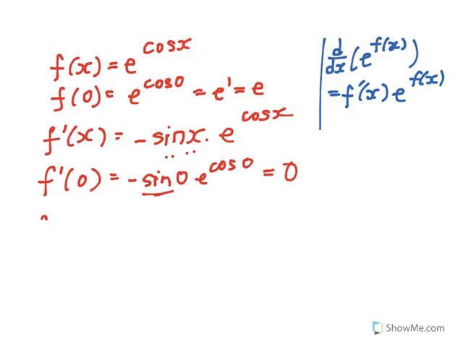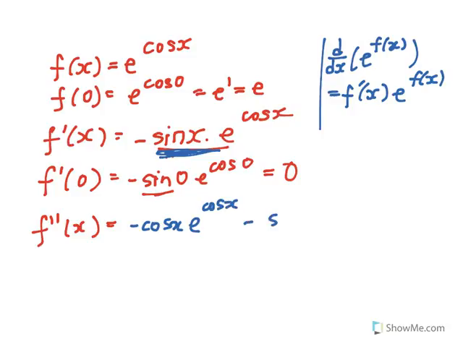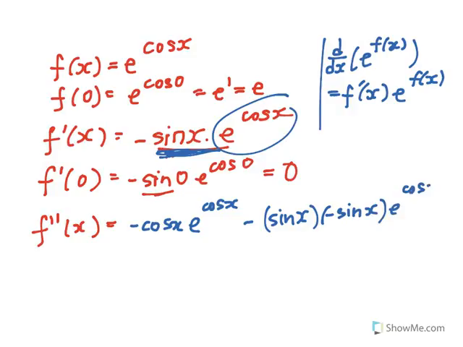How to find f double prime? We need to differentiate f prime one more time, so we probably have to use the product rule. We differentiate negative sine x, that will give us minus cosine x. We keep e to the power of cos x, and then we keep our sine x and differentiate e to the power of cos x, which gives us minus sine again, and e to the power of cos x one more time.